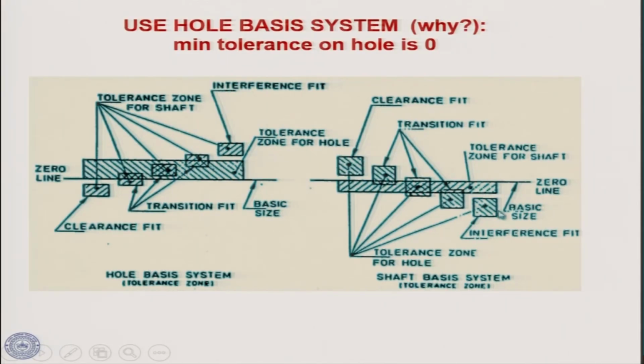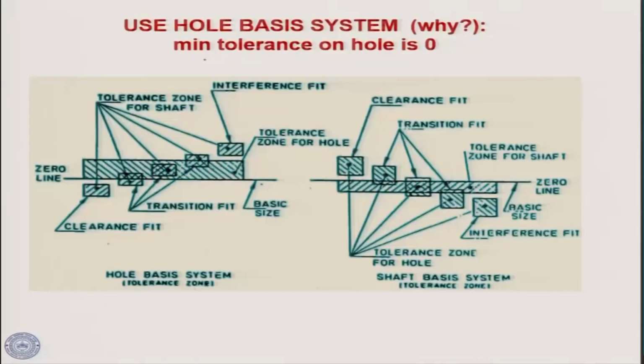Now, why we said that you use the hole basis is because the minimum tolerance on the hole is 0. Here you can see that the minimum tolerance is non-zero for the hole, which is very difficult to make, in the sense that when you have made a hole, you have a particular minimum tolerance.